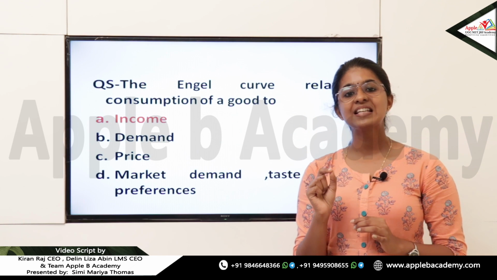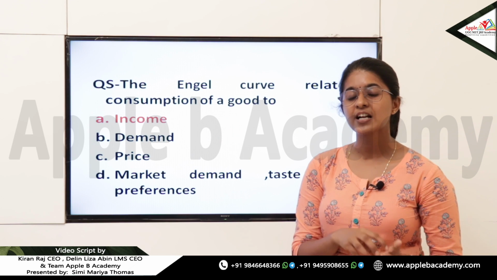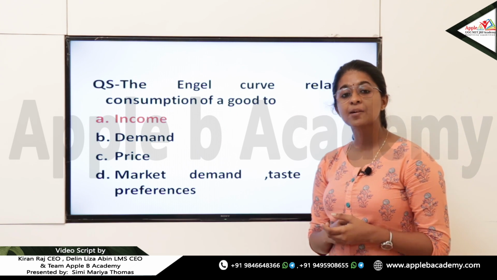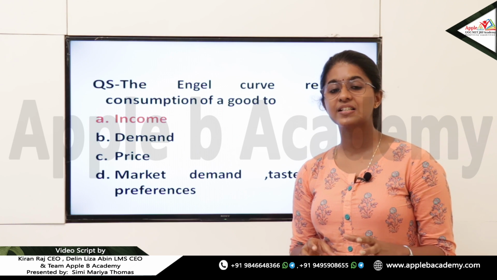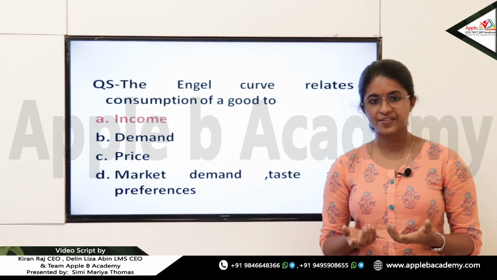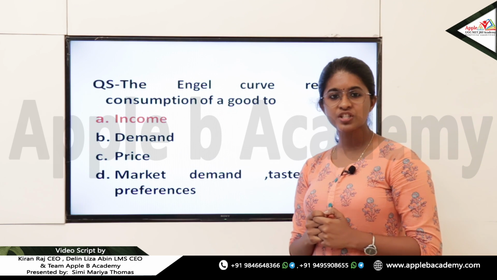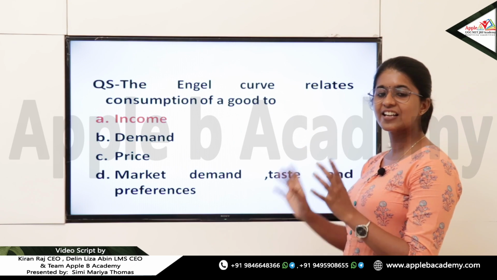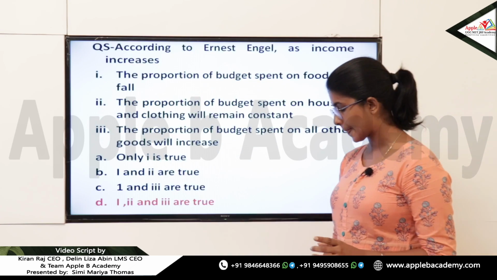The proportion of income allocated to food items decreases, and it remains unaffected for commodities like clothing, fuel, housing, etc. This is the conclusion we can draw from the Engel curve. So the answer will be A.